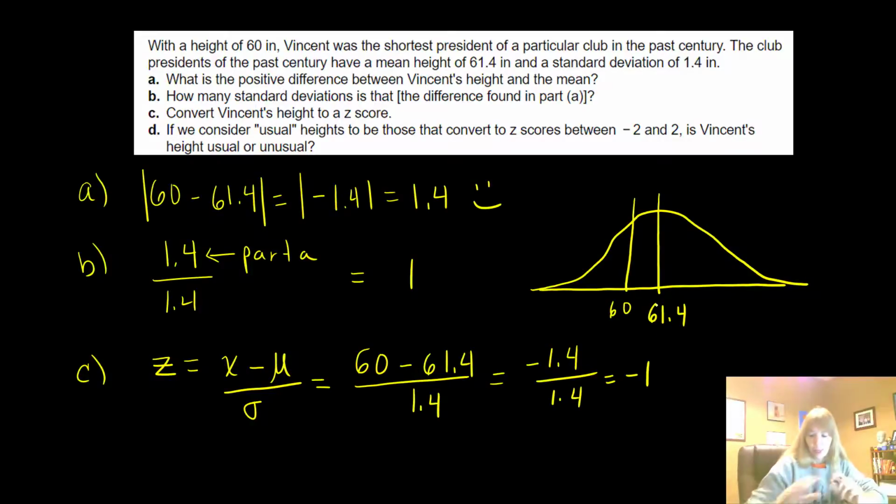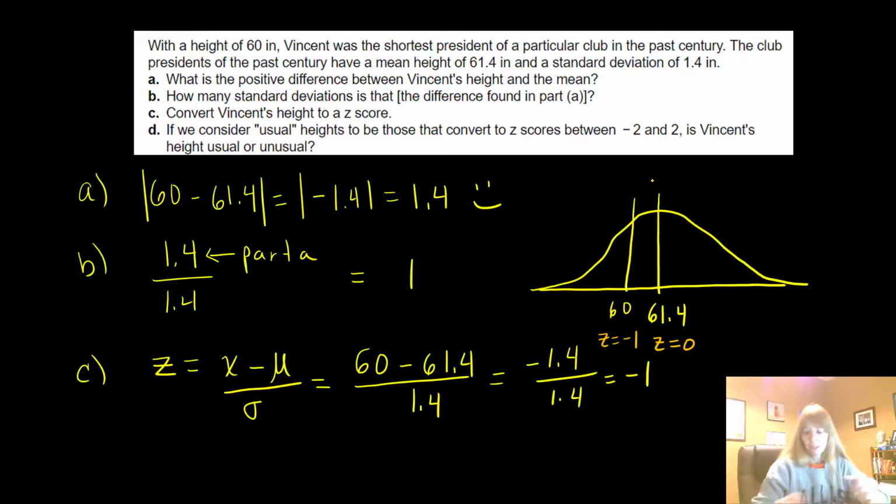When we're standardizing, we standardize to a z-score with a mean of 0. So this is saying that I'm 1 standard deviation below the mean, because I've standardized it.